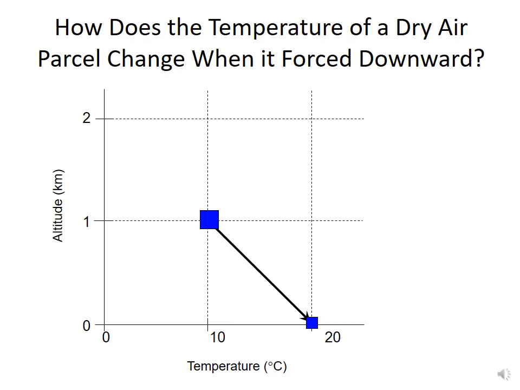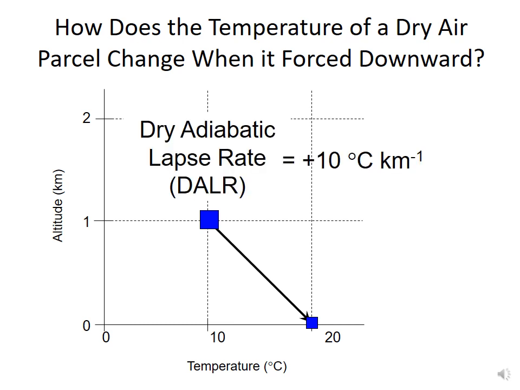And as we push that air parcel down, it's going to move to an area of higher pressure, which is going to compress it, which is going to warm it back up the exact same amount that it cooled during the ascent. And its final temperature is going to be the same as its initial temperature at the ground at 20 degrees C. And once again, it's following that dry adiabatic lapse rate. In this case, it's positive 10 degrees C per kilometer because the air parcel is descending.